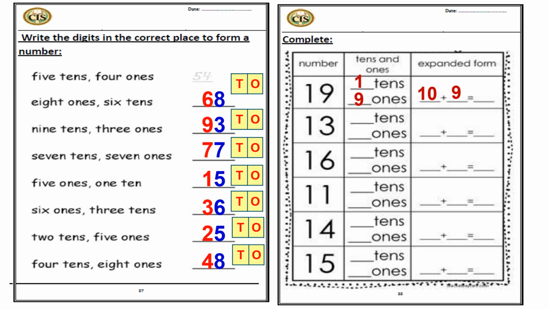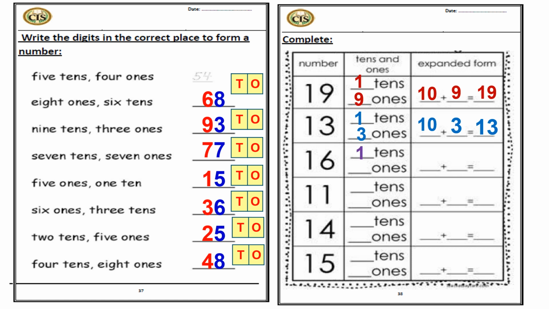So the answer will be 19. 13, here, what can I do? I will write 1 behind the tens and 3 behind the ones. 3 ones means 3 and 1 tens mean 10. The tens take 10. So the answer here will be 13.